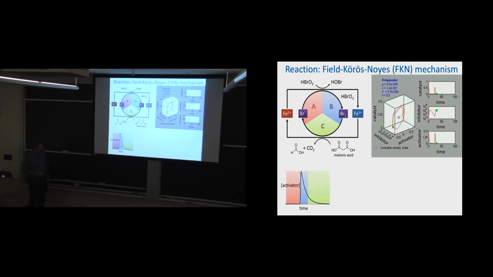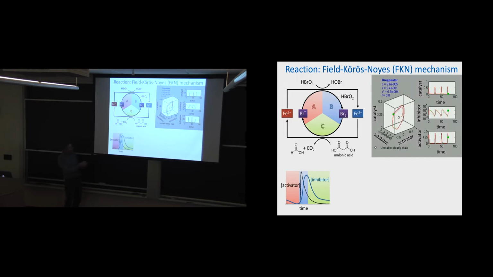And you can take a very reductionist view where you just focus on two elements. One is the activator. At a certain time, the reaction turns on and then slowly turns off. When the activator turns on, it activates the production of all the chemicals, including the inhibitor.